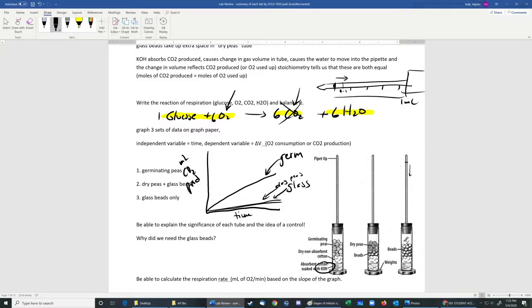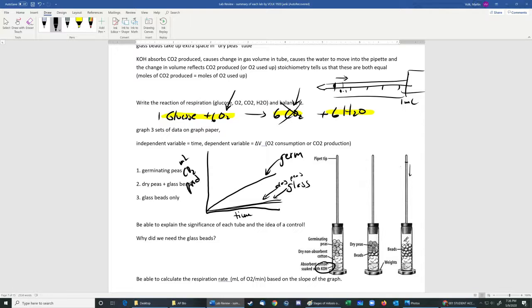That's a fake result. So basically, we allowed them to sit in there and equalize, and that prevented that kind of faulty data.